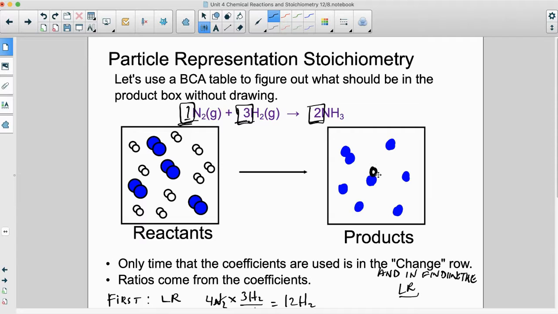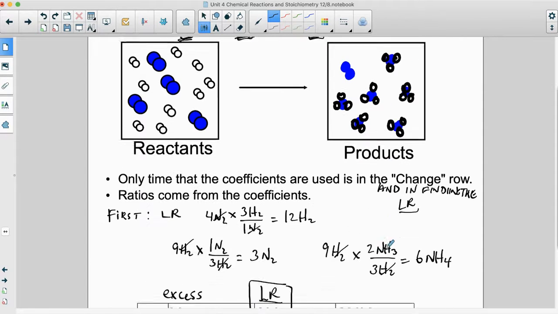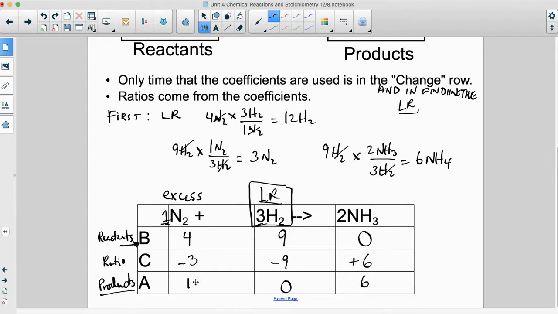Okay, and I'll draw in my hydrogens here. Okay, so there's my particle model, but you can see that we could find that particle model through the BCA table.